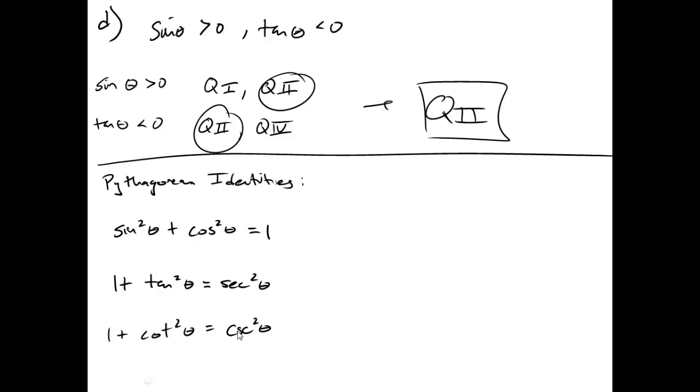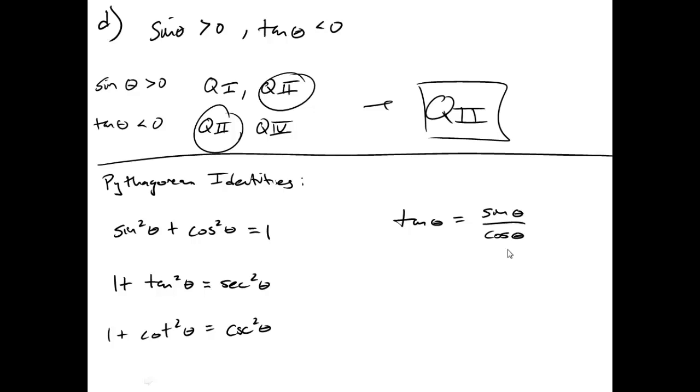And we talked about this in class, so I'm not going to spend a lot of time on it. Also, don't forget that tangent theta is equal to sine theta over cosine theta. That's a pretty important one to remember, because if you're given sine and cosine, you can find tangent, and then from there you can find all the other trig functions.